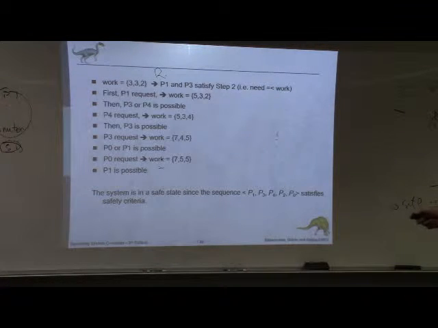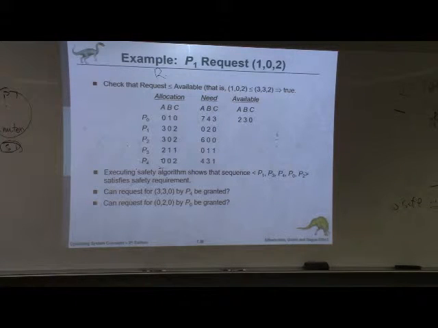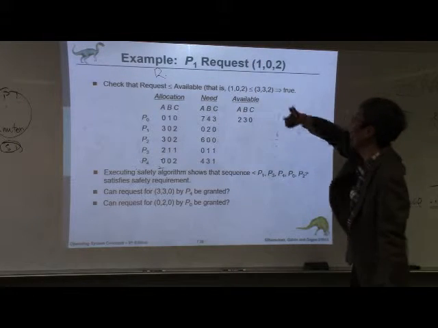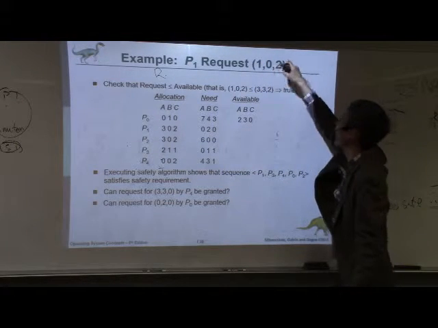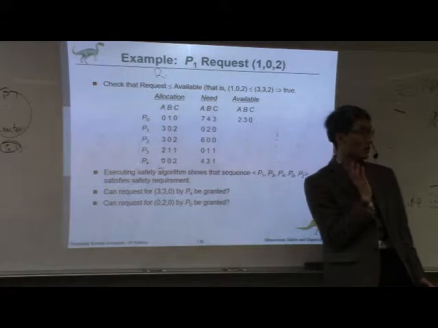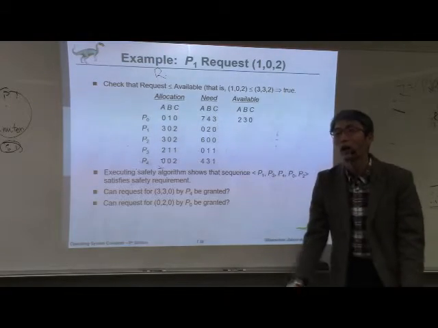In case there is a request like in the previous example, P1 requests 1 of A, 0 of B, and 2 of C. It's a request, and the operating system needs to decide whether it will be granted or not. How?